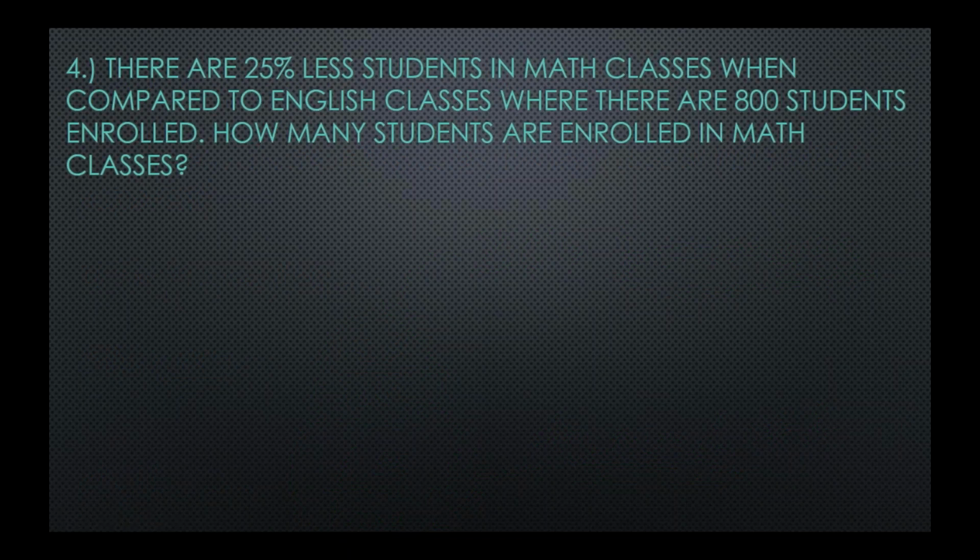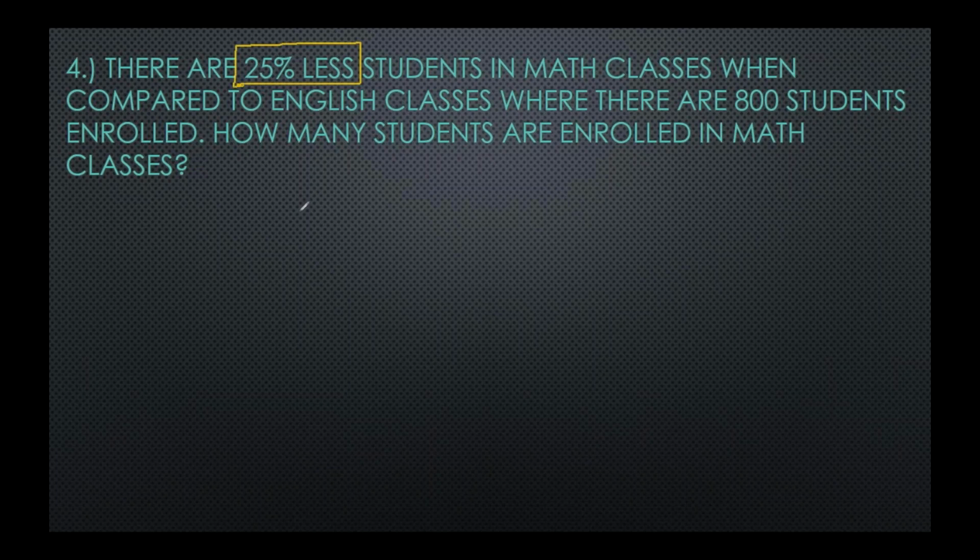There are 25% less students in math classes when compared to English classes where there are 800 students enrolled. How many students are enrolled in math? I'm like, well, this is crazy. So I always start with the percent. 25% less.